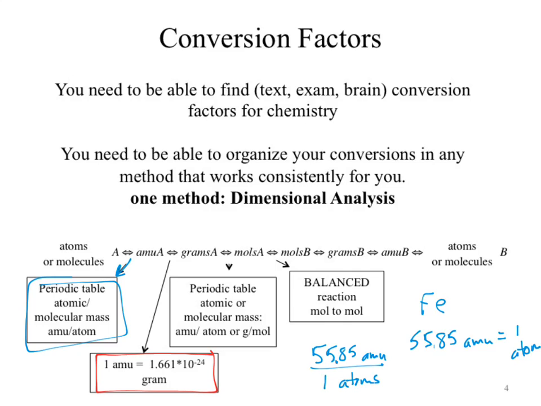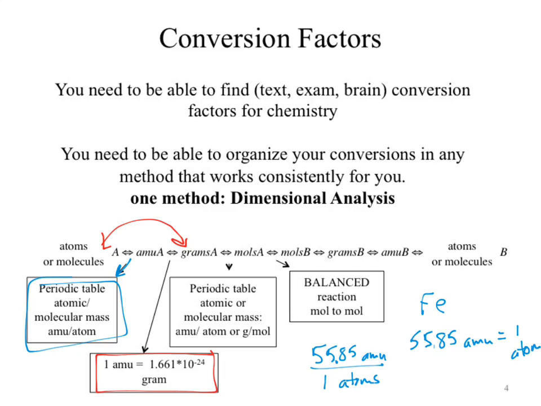If you want to convert between atoms and grams, do we have a direct conversion there? Is there an arrow that connects atoms to grams? Okay, said another way, do I see an arrow that does this? No. What does that mean?